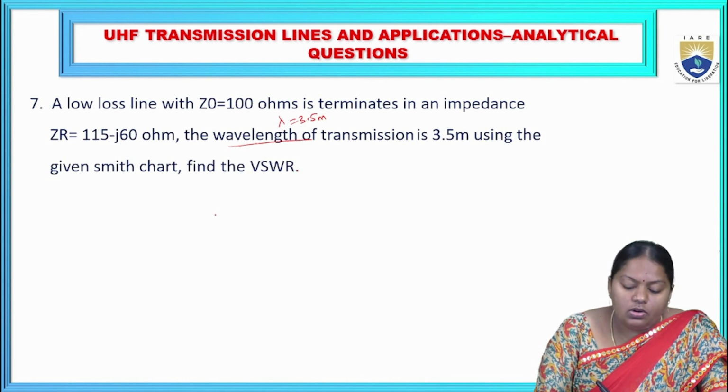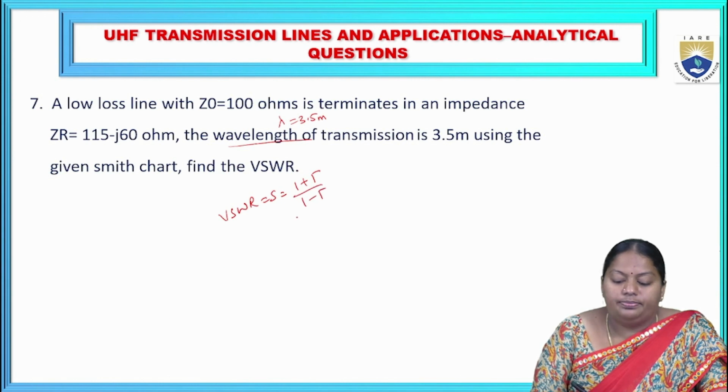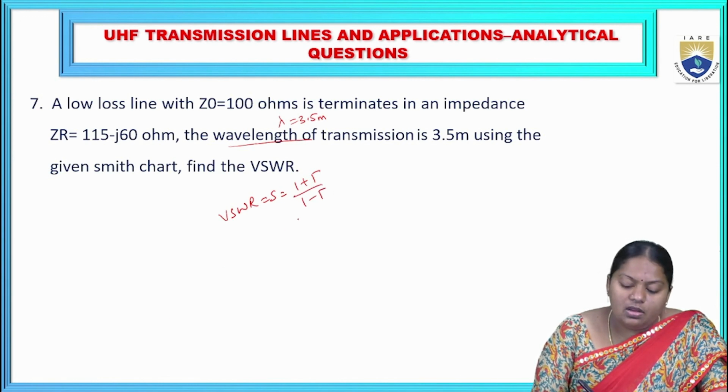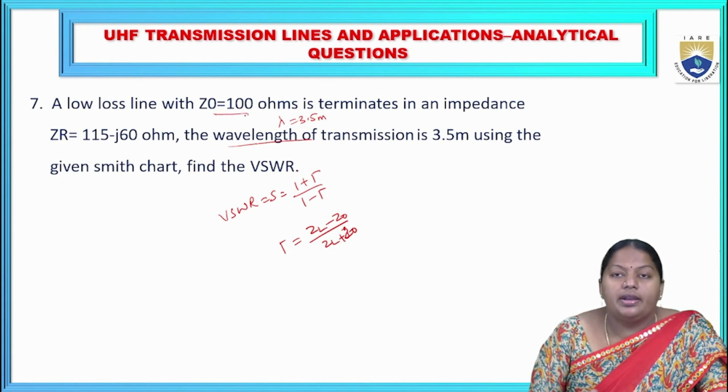So to find the voltage standing wave ratio, VSWR, or simply S, S is equal to 1 plus gamma by 1 minus gamma. To find this gamma, we use gamma equal to ZL minus Z0 by ZL plus Z0, where ZL value is given as 115 minus J60 and Z0 value is given as 100 ohms.